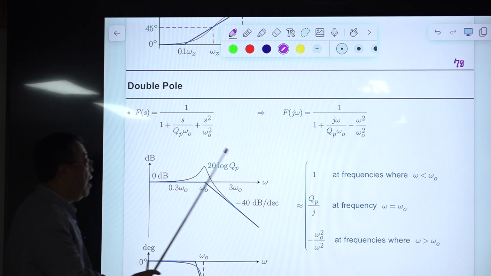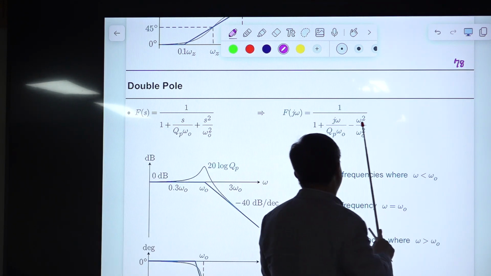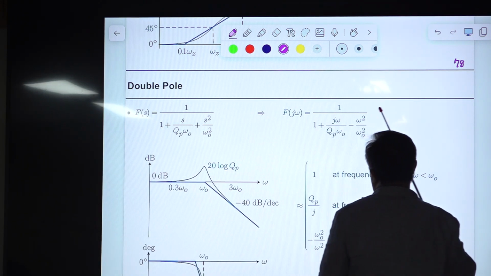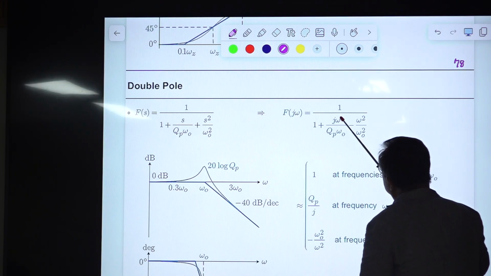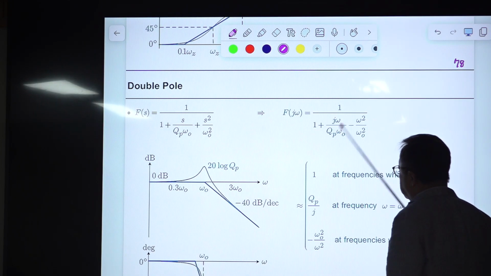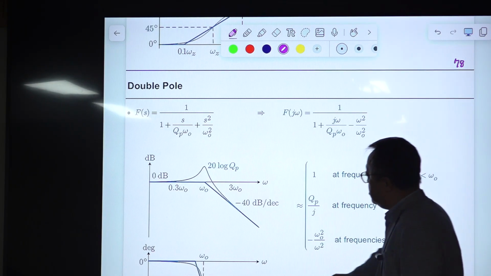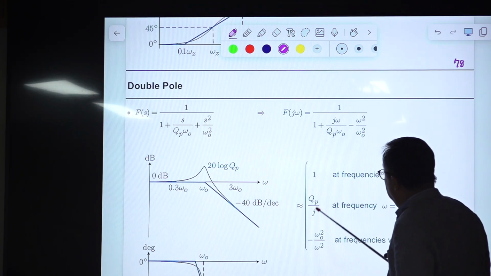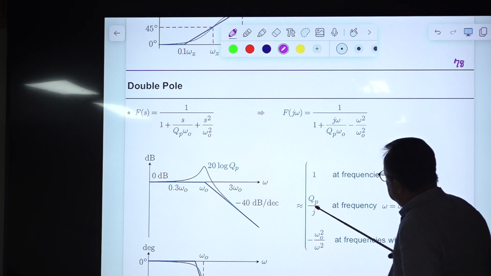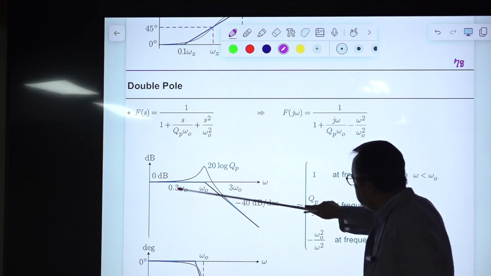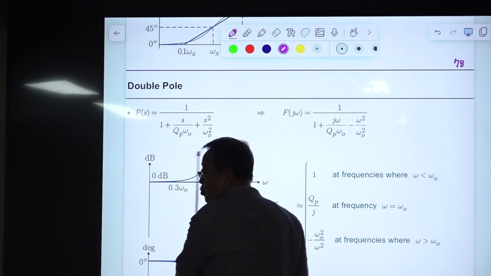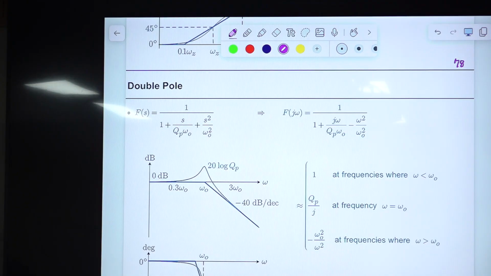Okay, and at this frequency, this is omega naught. Then this cancels, this cancels. And they cancel, it remains here, it goes up upstairs. You have this, okay? So phase is exactly 90 degrees, and this peak value, this phase and magnitude is 20 log Q, not 0 dB. So we have 20 log Q peaking at this frequency.